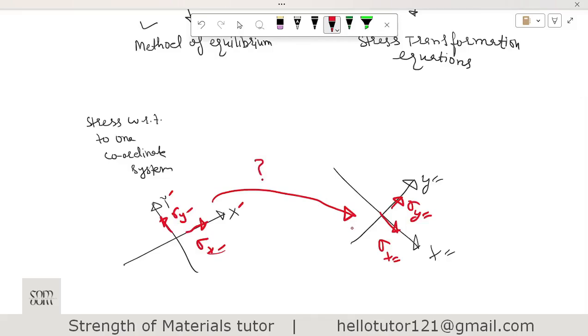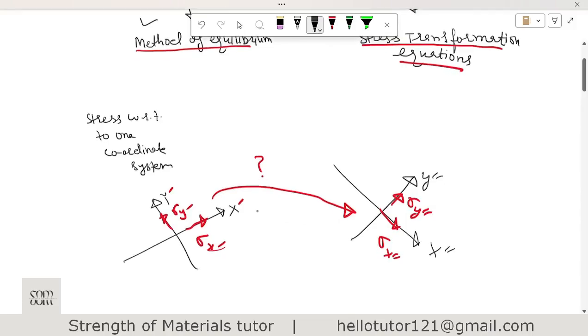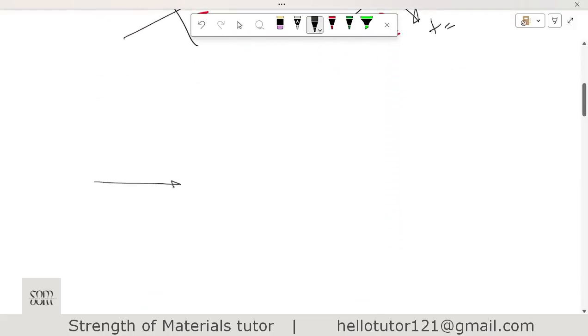You can either apply the method of equilibrium or you can apply stress transformation equations. Keep in mind why I did this. Some people may think that only when the stresses are along the horizontal and the vertical, and we want to find stresses on the oblique plane, do you apply these stress transformation equations, but that's not the case.